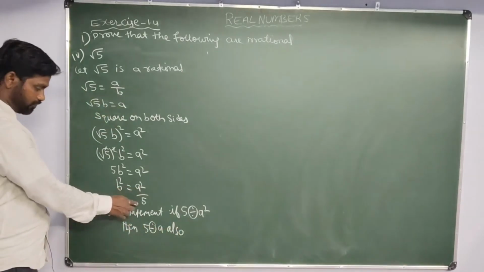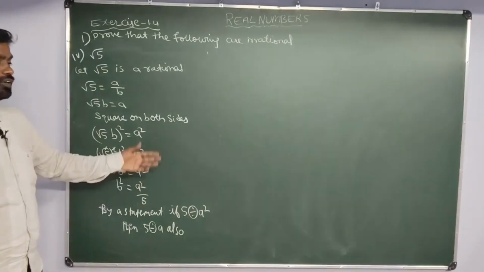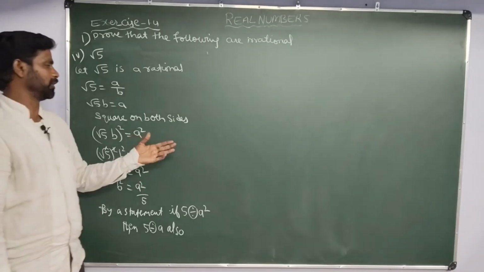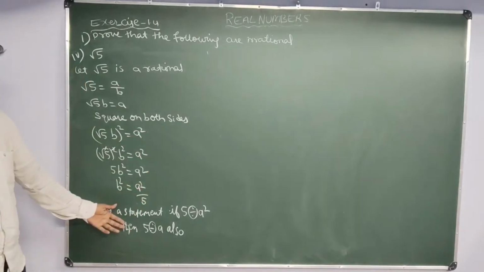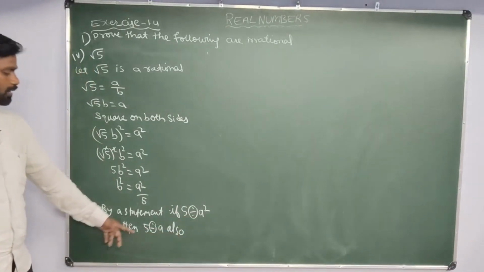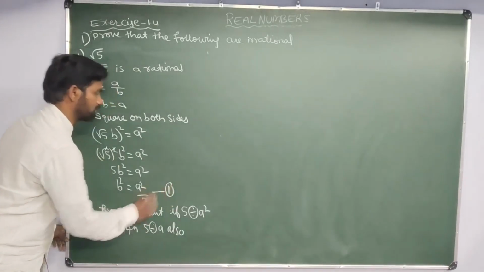So here 5 is dividing a square. Just before this proof, we verified the p value equal to 2, 3 and 5 in the table. So by the statement, if 5 divides a square, then 5 divides a also. Consider this as equation 1.